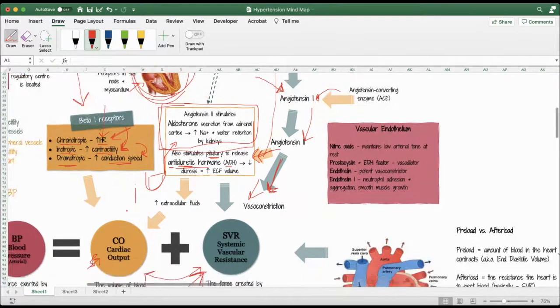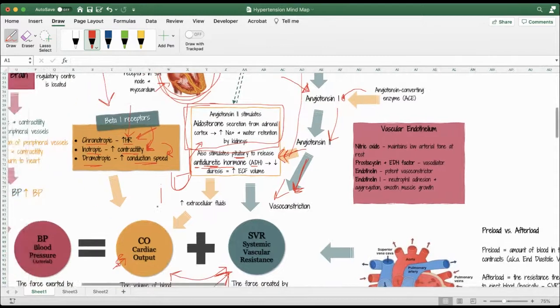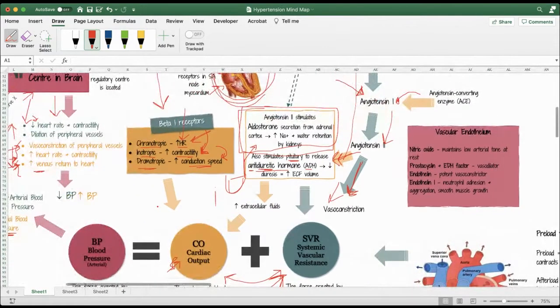So when you look at what these things are doing, you should be able to think in your head, what's it doing to either my cardiac output or my systemic vascular resistance. When you look at what the sympathetic nervous system does to the beta receptors in the heart, does that affect cardiac output, or systemic vascular resistance, or both?